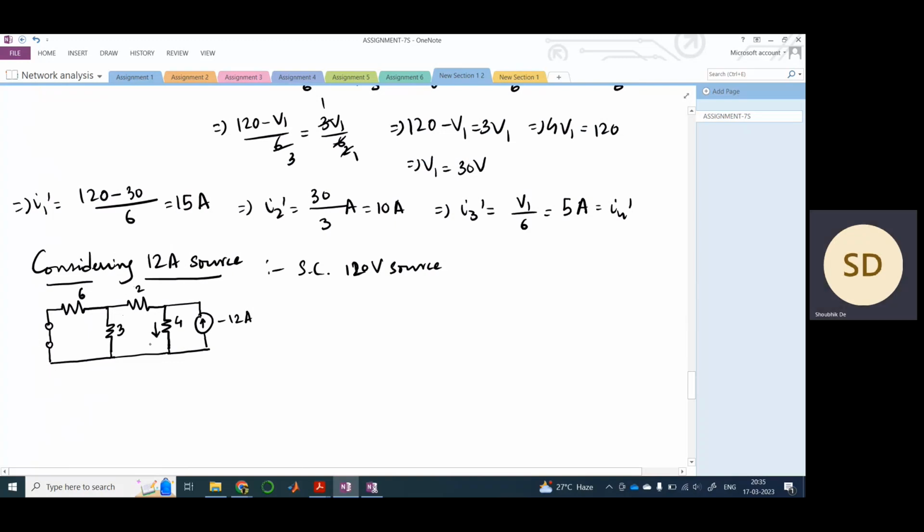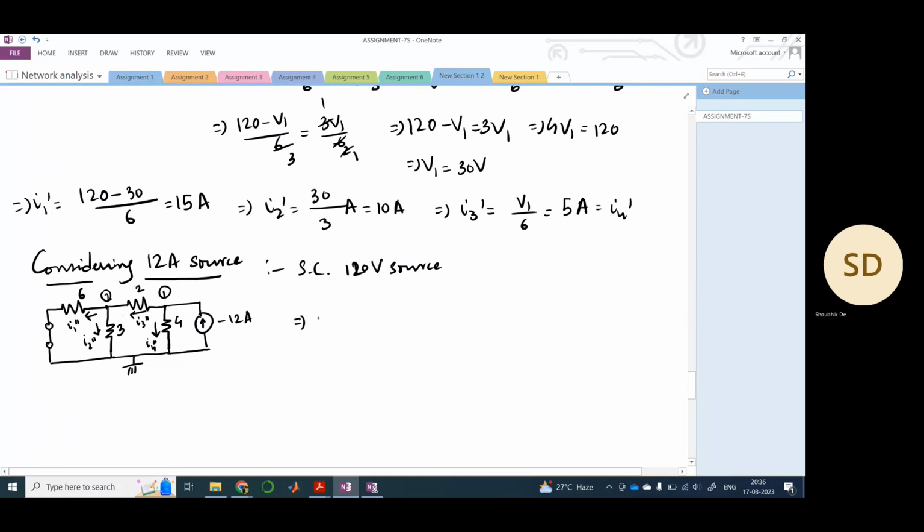So let us say that the current flowing through this 4 ampere is I4 double dashed, and we are considering it in this direction because the current is flowing in this direction. So this is I3 double dashed, this is I2 double dashed, and this is I1 double dashed. Now here clearly we have two nodes, right?